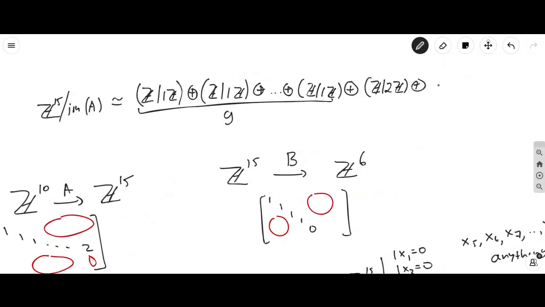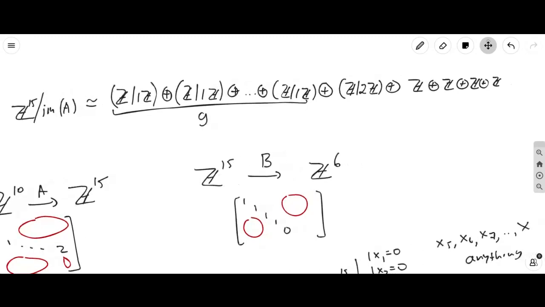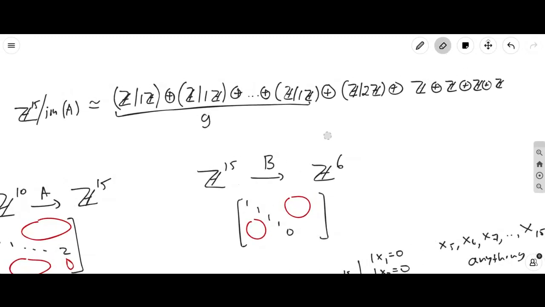Then you're going to have Z plus Z, 5 copies. The other ones are 0, so you're modding out by 0.